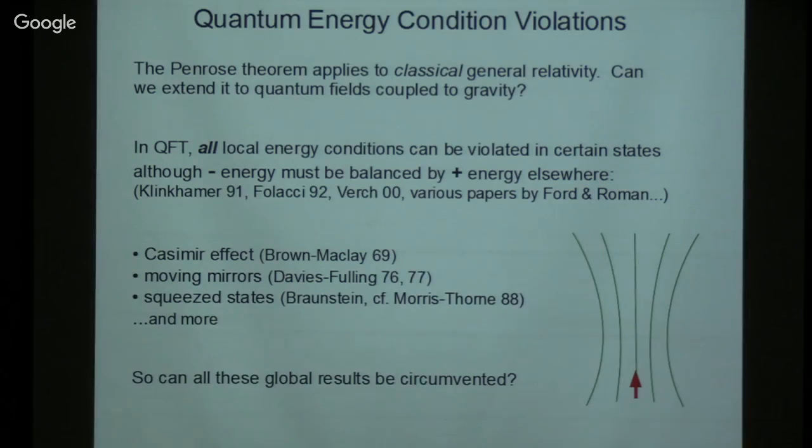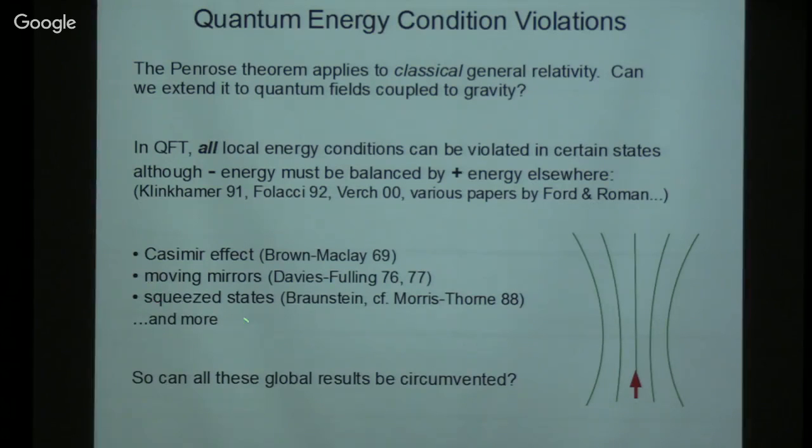Another situation is moving mirrors: if you have something that reflects quantum fields off of it and you start accelerating the mirror, then the rate of change of the acceleration makes it emit pulses of positive or negative energy. And if the mirror starts suddenly accelerating towards you, that's when it will emit negative energy at you.